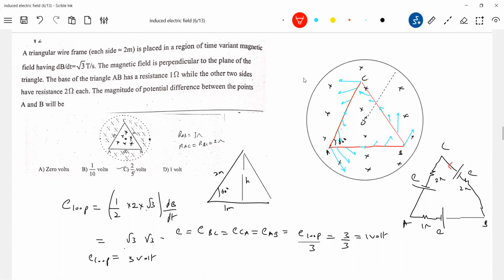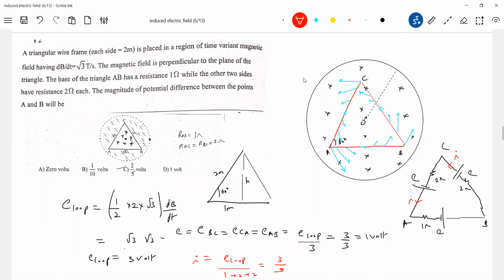Let the current be I. What should current I be equal to? I is E total of loop by total resistance, 1 plus 2 plus 2. 3 by 5. So now we know current I.